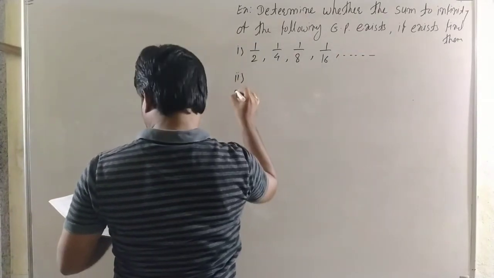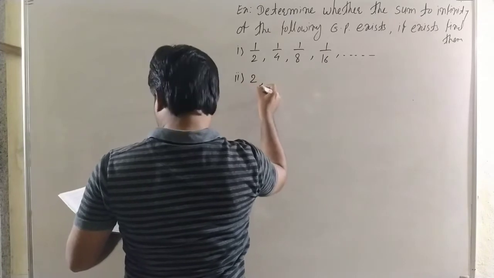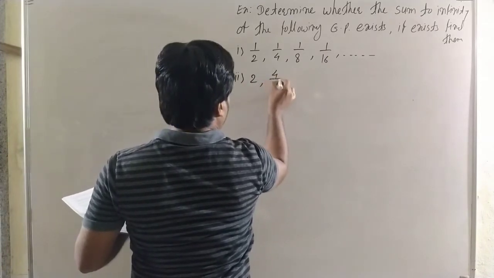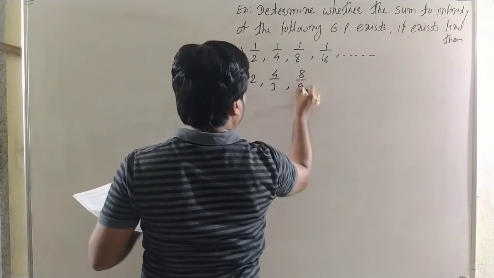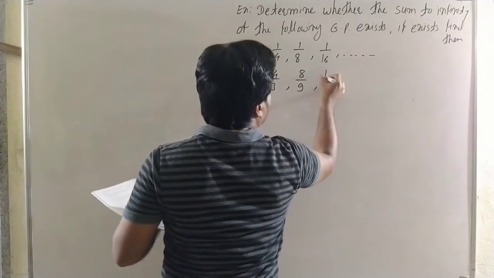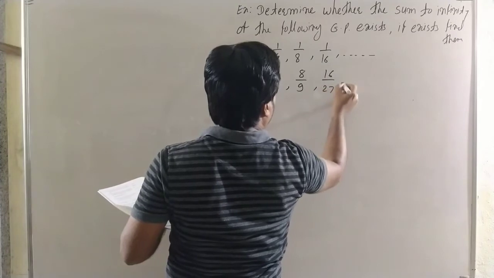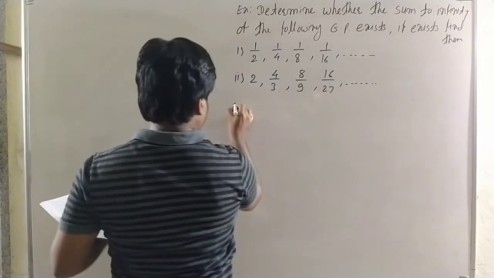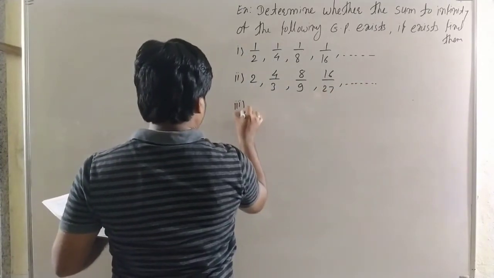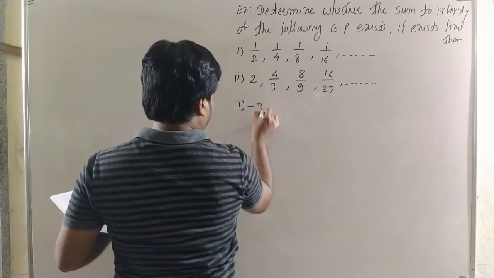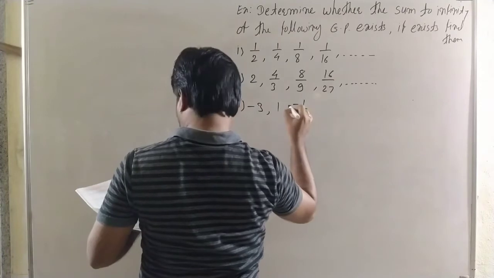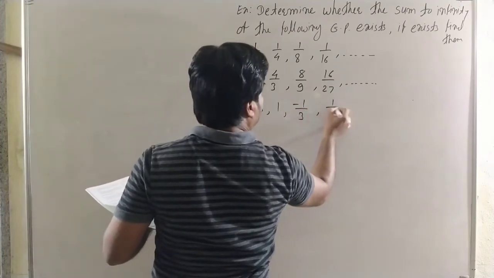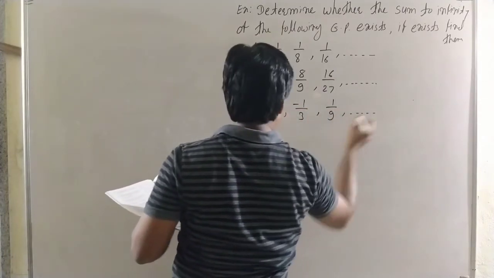Example number 2: 2, 4 by 3, 8 by 9, 16 by 27. Example number 3: minus 3, 1, minus 1 by 3, plus 1 by 9, up to infinity.